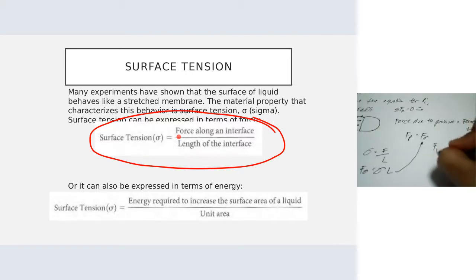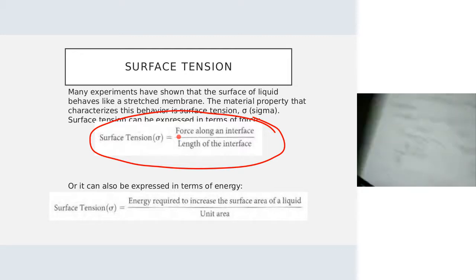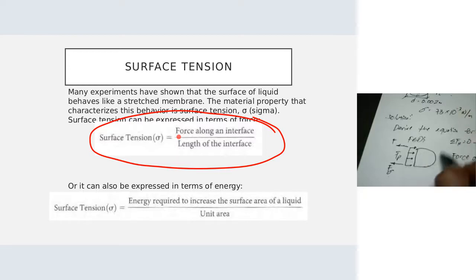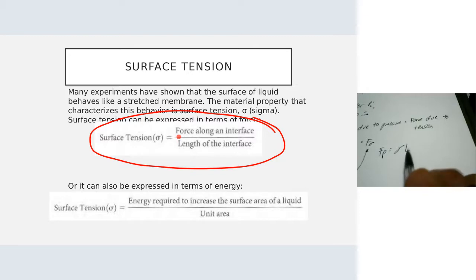So this will become F sub P equals sigma L. But what is L? Since this is a sphere, this L will represent the circumference. Therefore, this L is equal to pi d or 2 pi r. Okay? So this is now our equation.